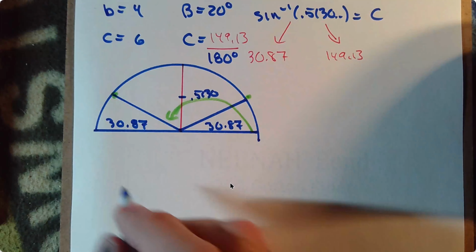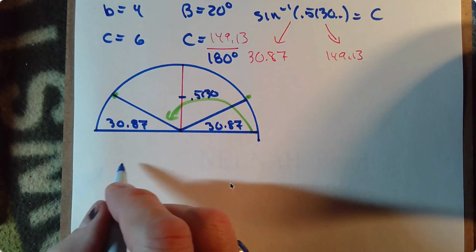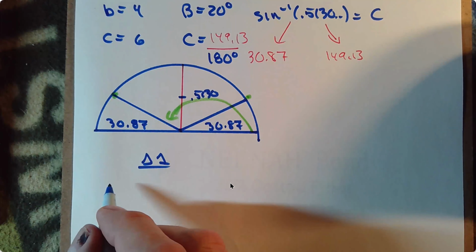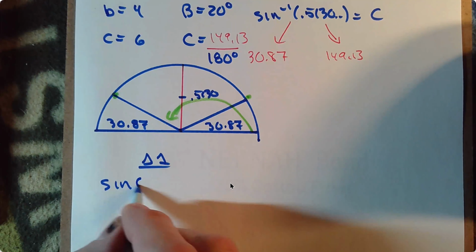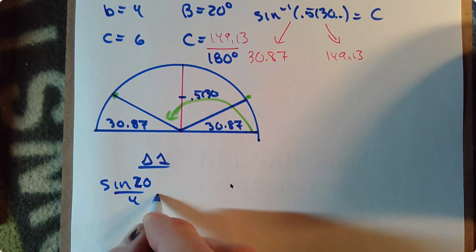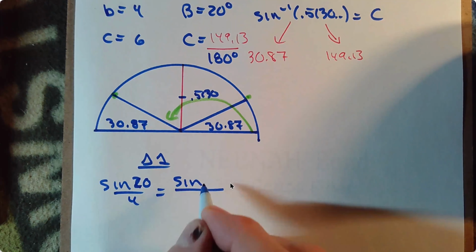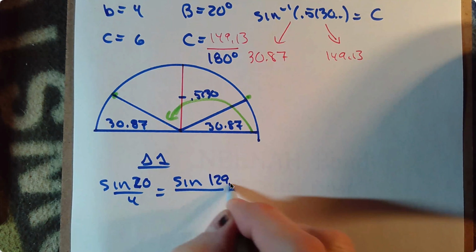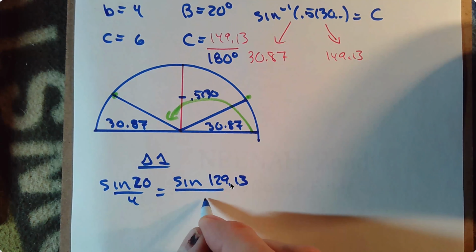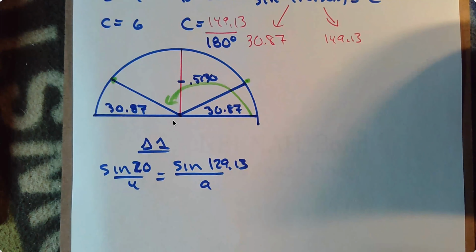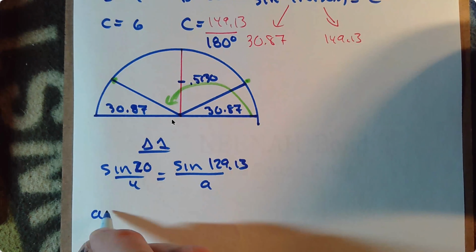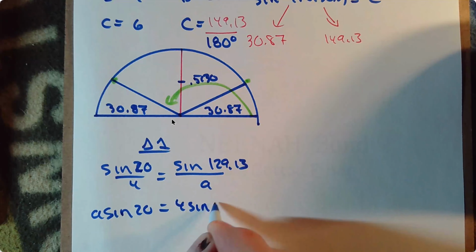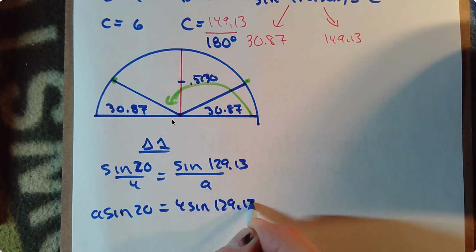Say for the first triangle, it's going to be sine of 20 over 4 equals sine of 129.13 over A. If I cross multiply, I get A times the sine of 20 equals 4 times the sine of 129.13.